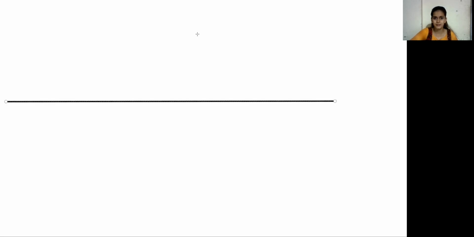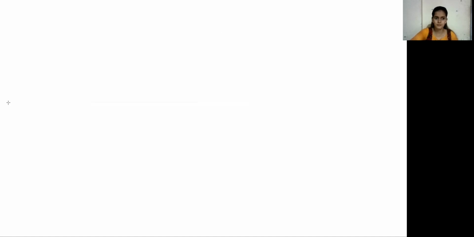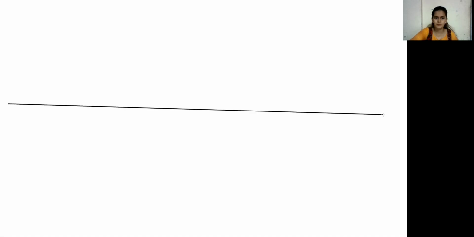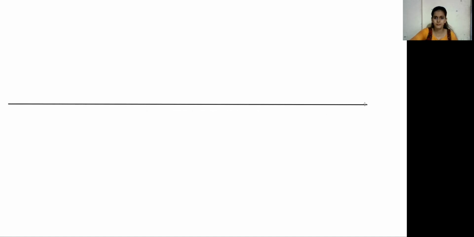Firstly, leave the space of 6 to 7 centimeters and draw the horizontal line. And this line is picture plane.